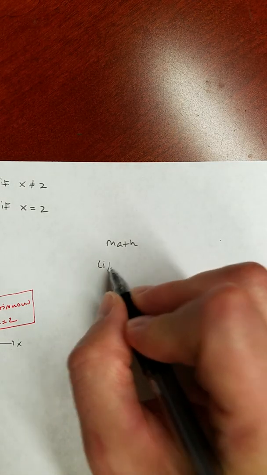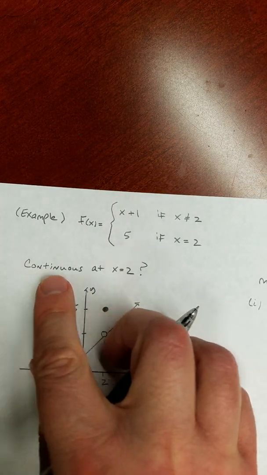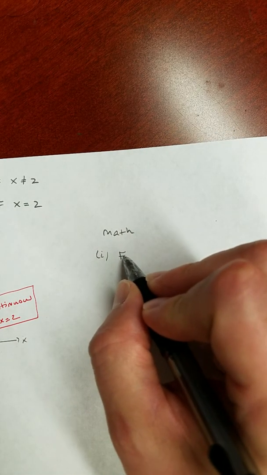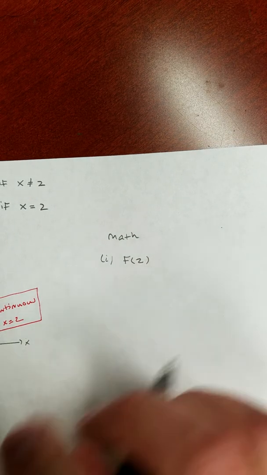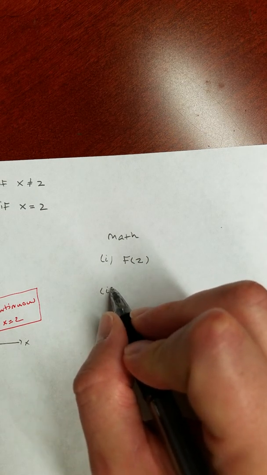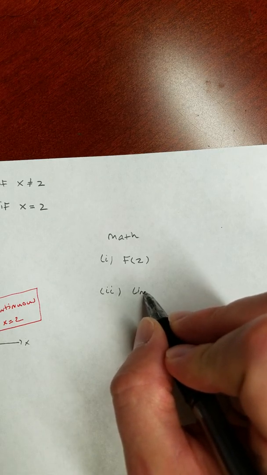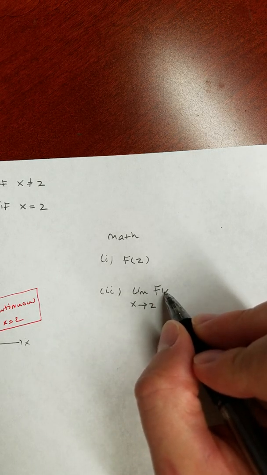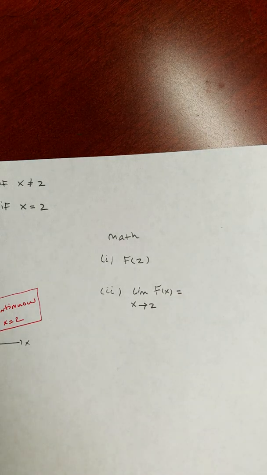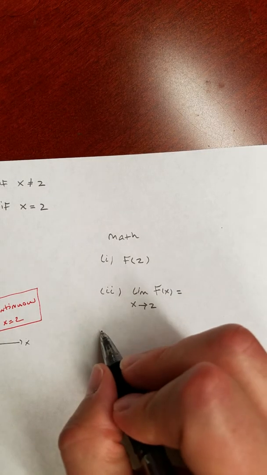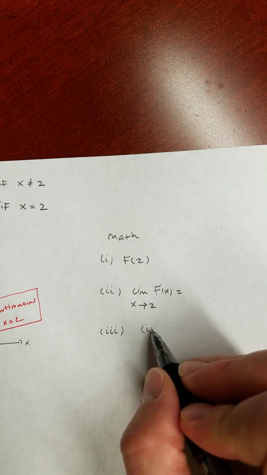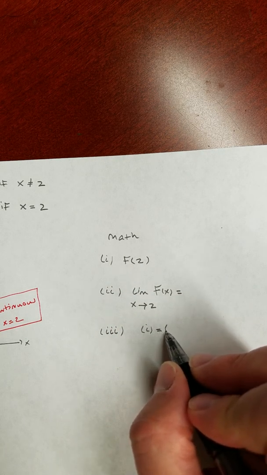What has to happen? If it was continuous at 2, well, f of 2 would have an answer. The limit as x goes to 2 of f of x would also have an answer, and that answer would be equal to this one.